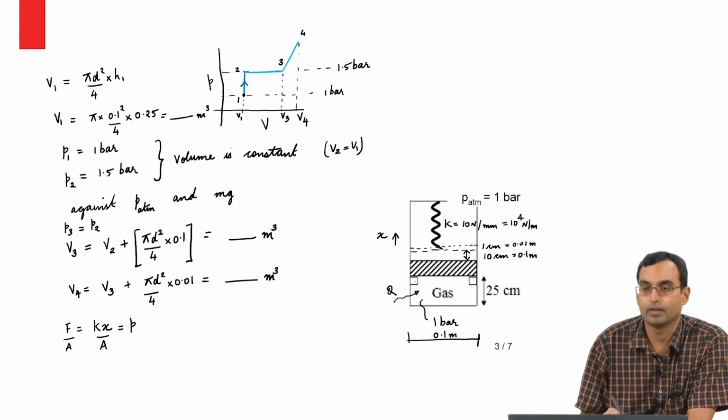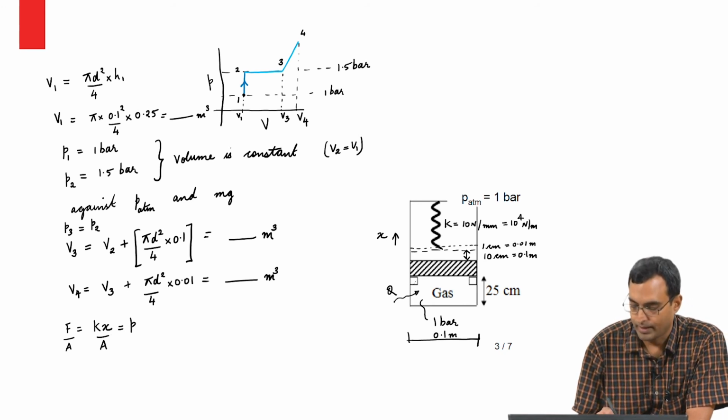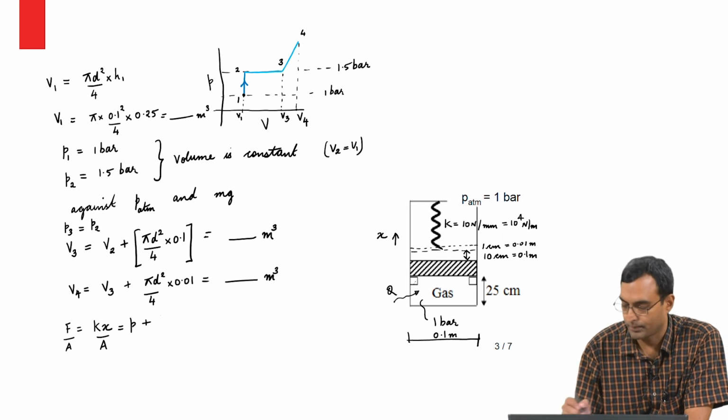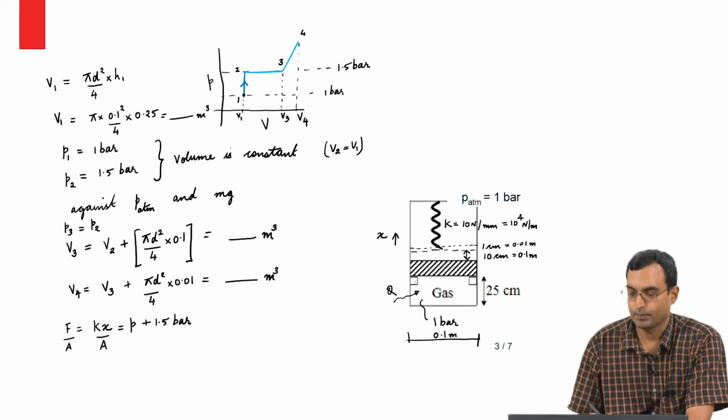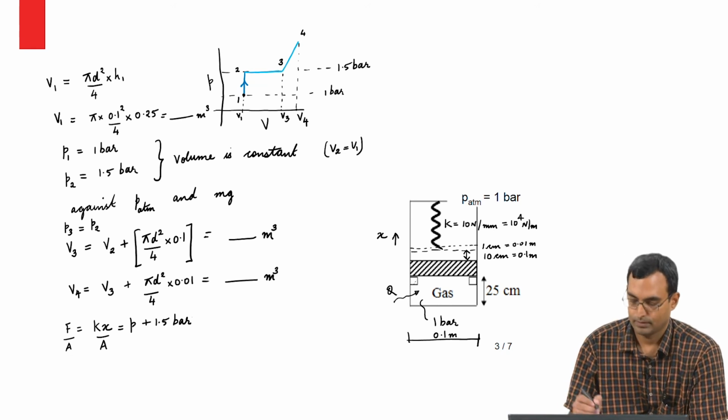This is pressure due to the deformation of the spring, and I have to add this to whatever is already the pressure at which this will move, which is 1.5 bar. So, that would be the pressure at point 4.